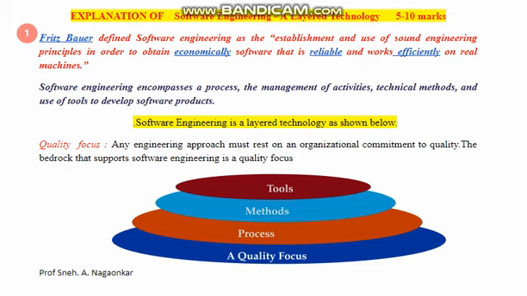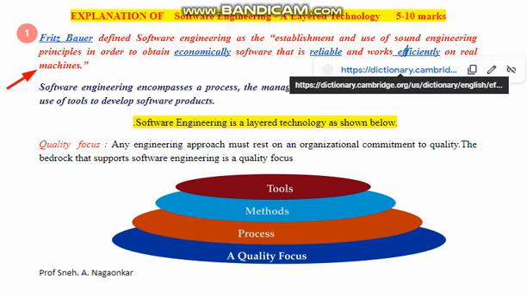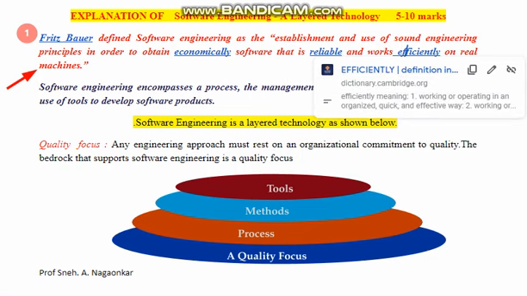So whatever software is developed by the developer should be economical, reliable, and efficient. What do you mean by efficient here? It should work in an organized way. Whatever operation is to be carried out by the software must be organized and effective.